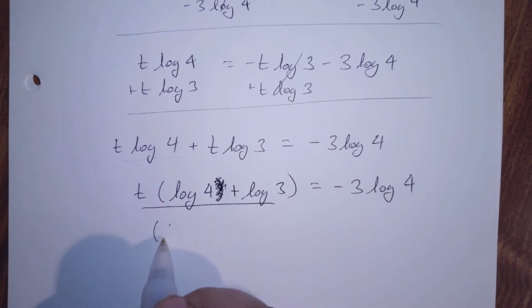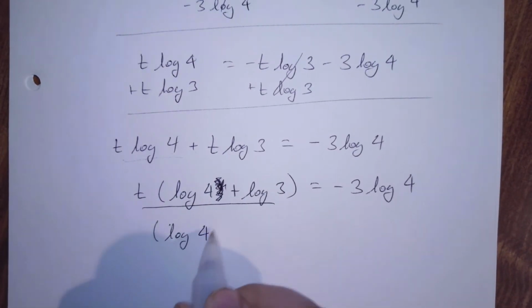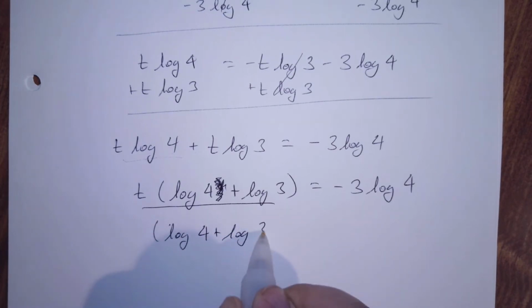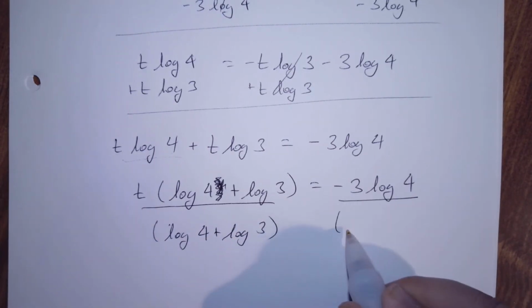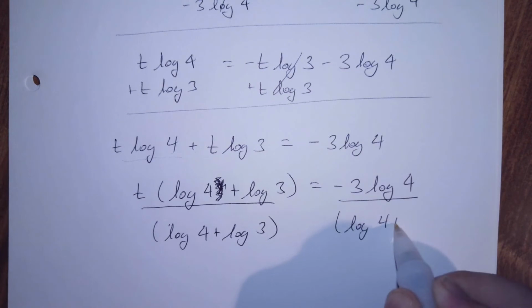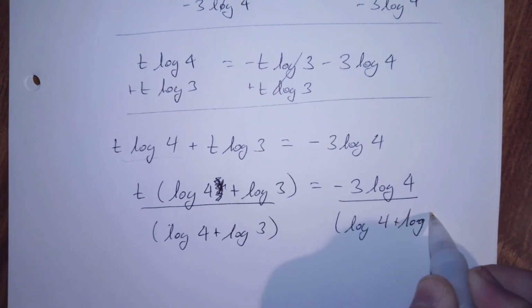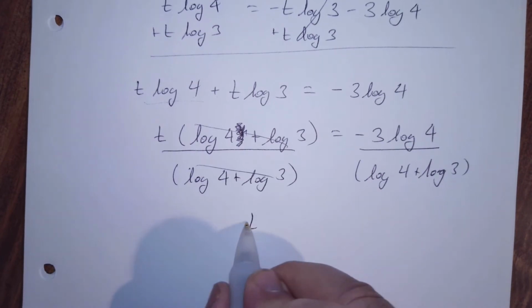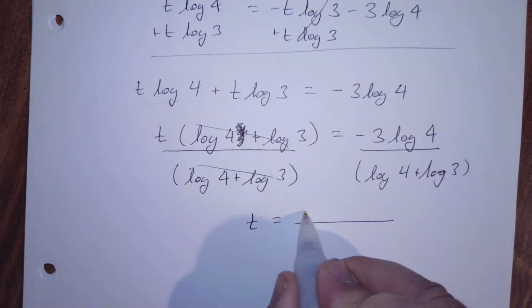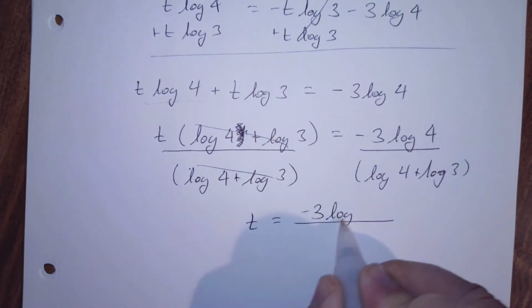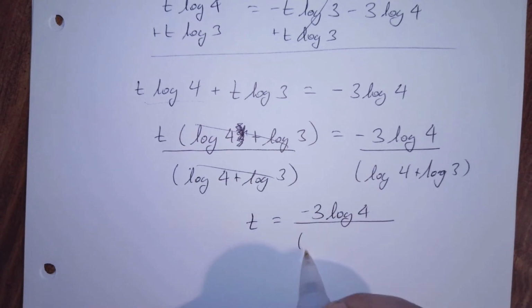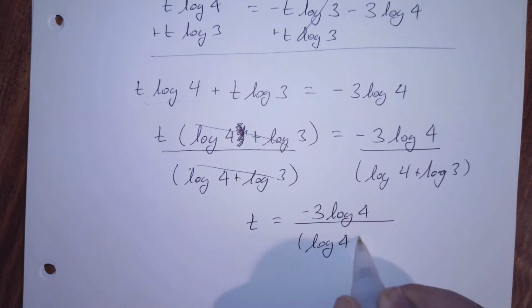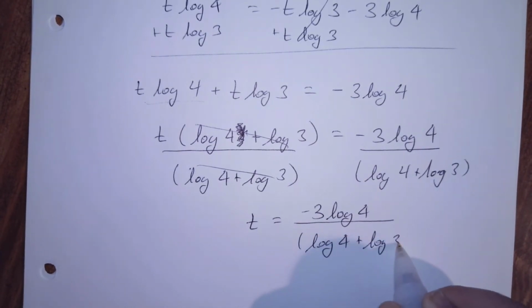So we divide both sides by log of 4 plus log of 3. Those cancel. So t is equal to negative 3 log of 4 over log of 4 plus log of 3.